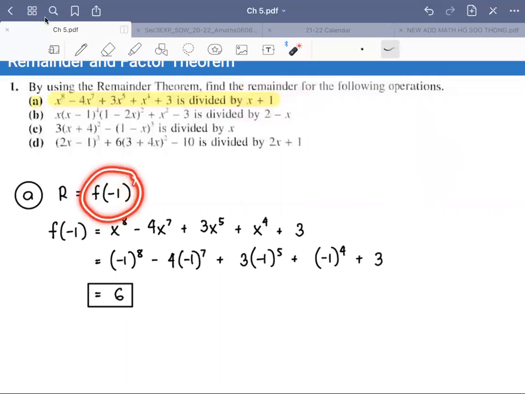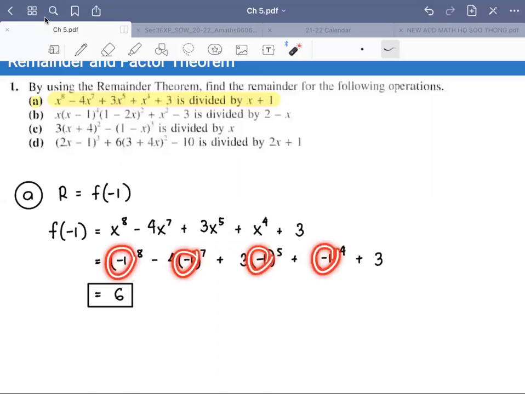F of negative 1. So to get the remainder of this question, f of negative 1 is equal to the expression, okay? So what happens to the x terms? The x terms become negative 1s, right? So I have negative 1 here until here, okay?